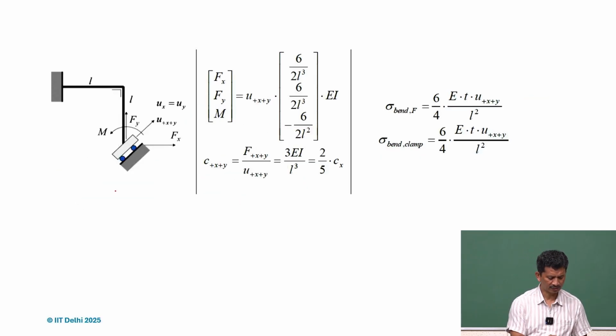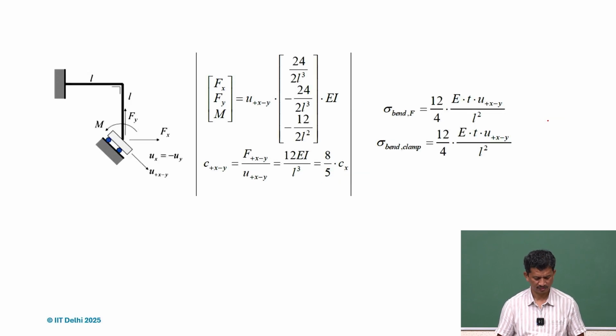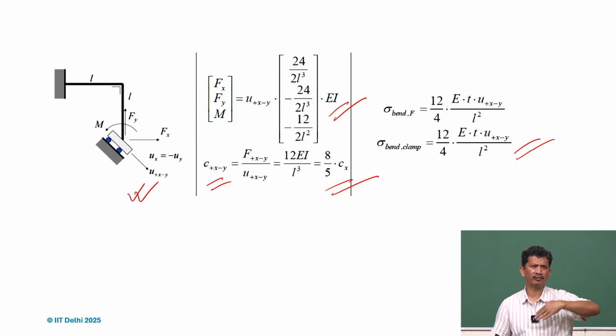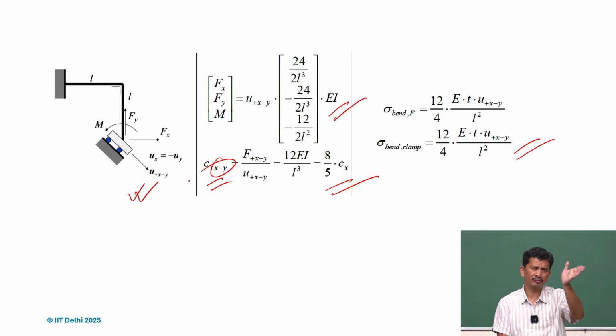Similarly, we can also have this kind of arrangement, and we can again find the stiffness matrices and the bending stresses. Likewise, we can get this kind of formulation. It's again one DOF only. We are giving actuation, and this is a kind of constraining equation. It's only moving along the slope.